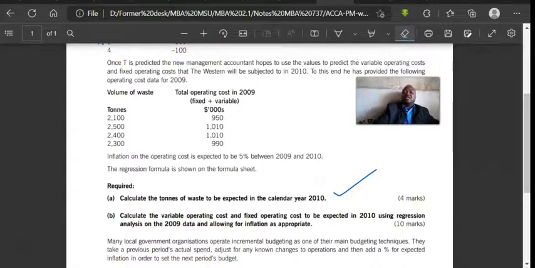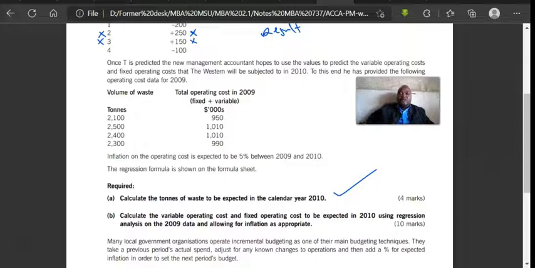Once T is predicted, the new management accountant hopes to use the values to predict the variable operating cost and fixed operating cost that the Western will be subjected to in 2010. To this end, he has provided the following operating cost data for 2009. So we are given that.